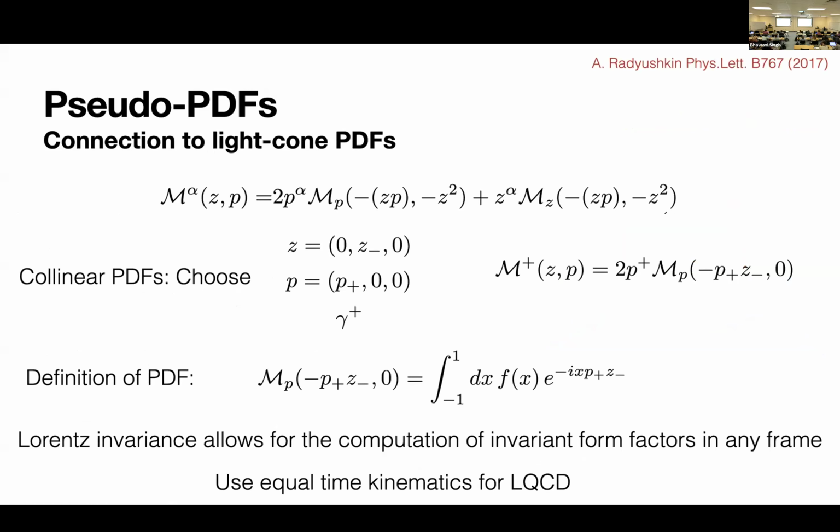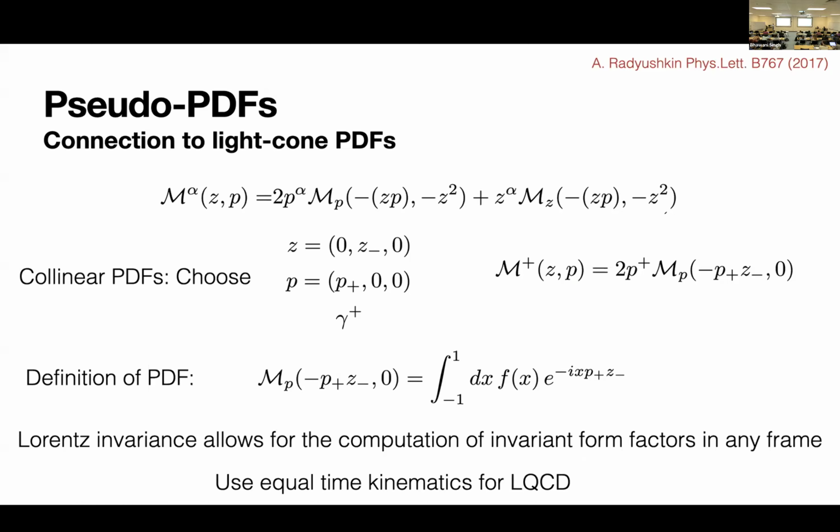So now, if you go and ask, what is the PDF definition? The PDF definition wants you to separate the quark fields along the minus light-cone direction, and you want to have the proton momentum in the P plus direction, and you want to have the gamma plus matrix inserted into the matrix element.